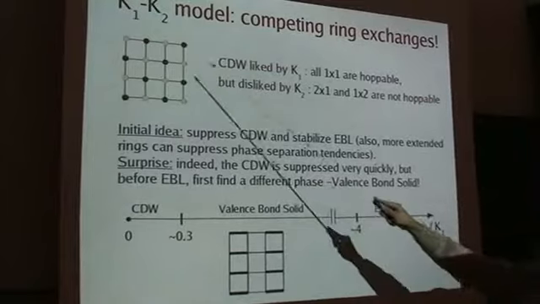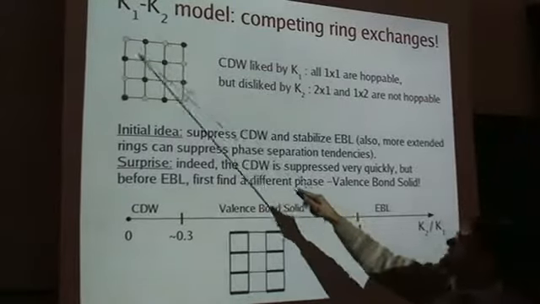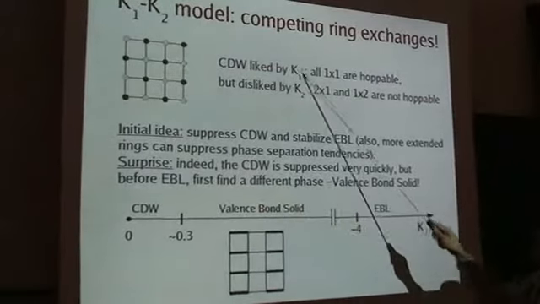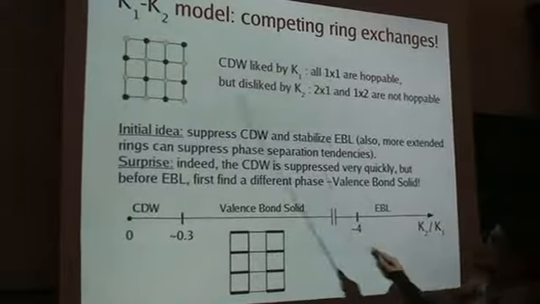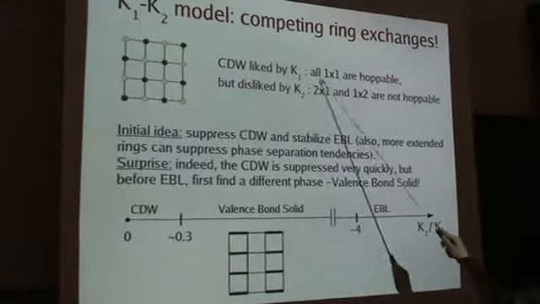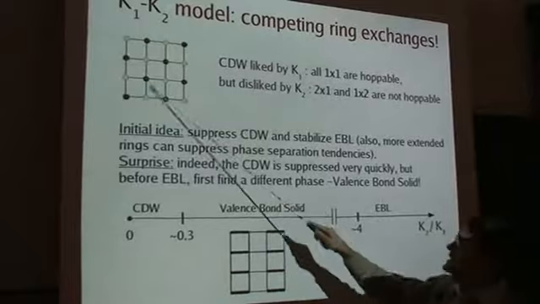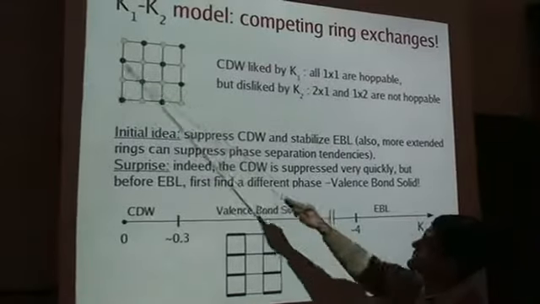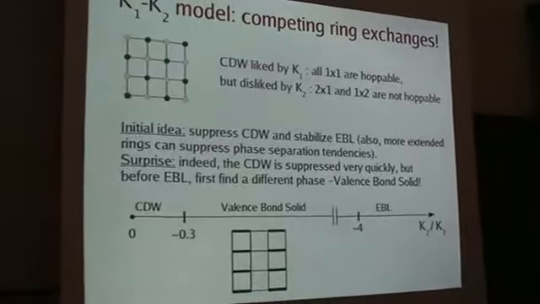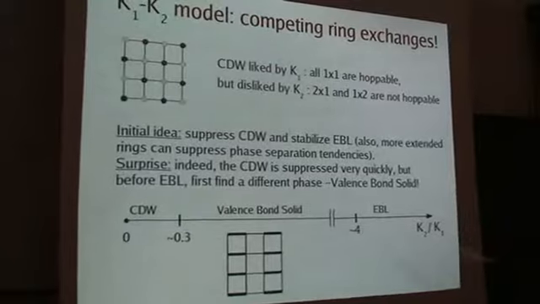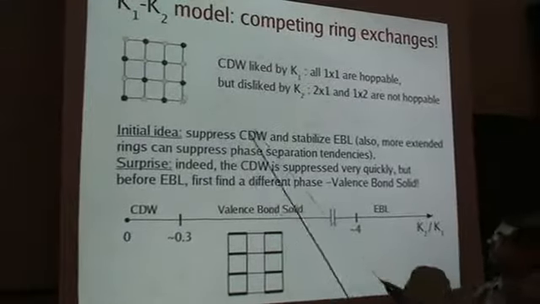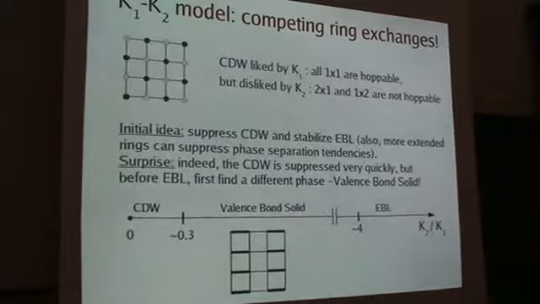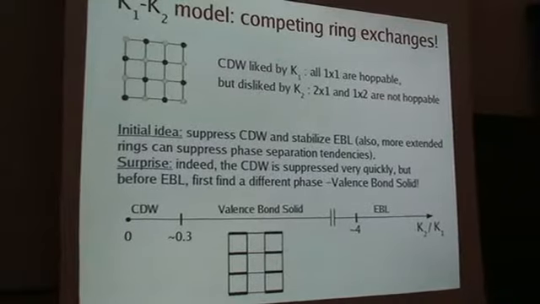While the CDW state is liked by the elementary 1x1 ring exchanges, it's not liked by these larger ring exchanges because they are completely inoperative in this state. So we hope that by adding K2 we will suppress the CDW and stabilize the liquid state.